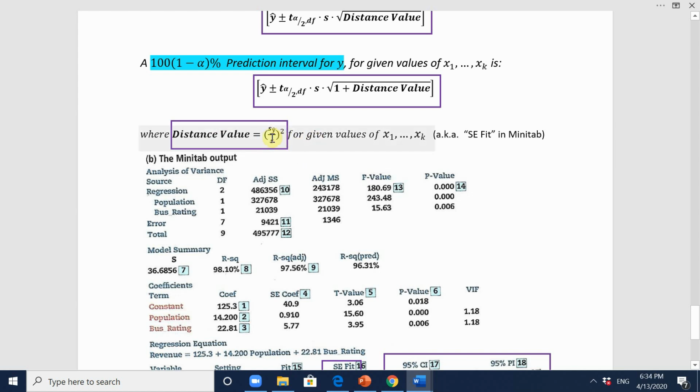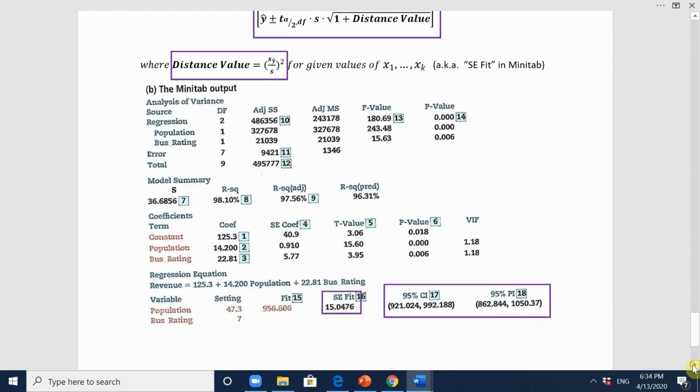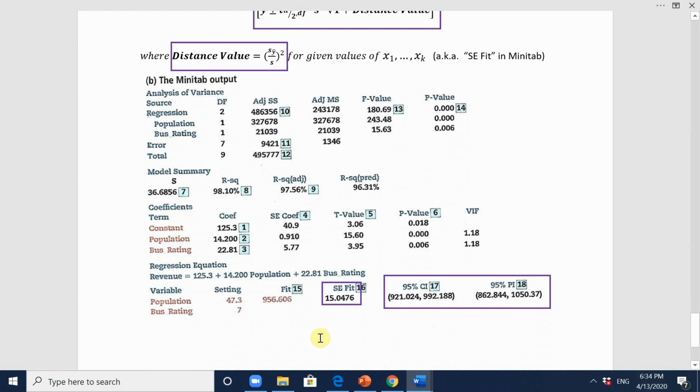The problem is we do not know what the standard error of the point estimate is, not easily at least. So this is where Minitab gets to be pretty handy. Minitab actually provides you this distance value, which it calls the standard error fit, or SE fit. That is how you recognize the distance value in Minitab.